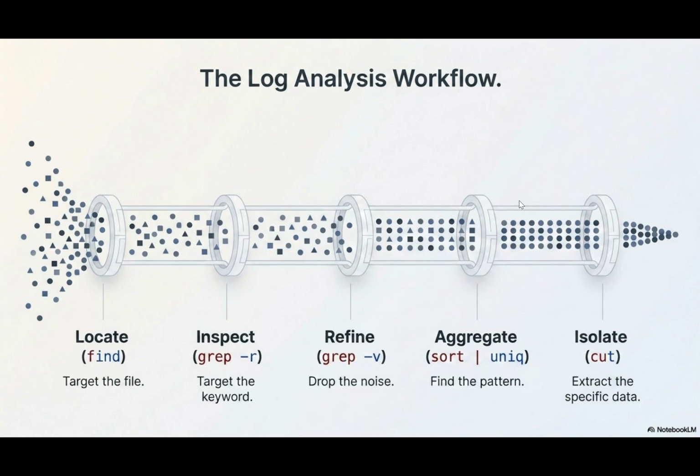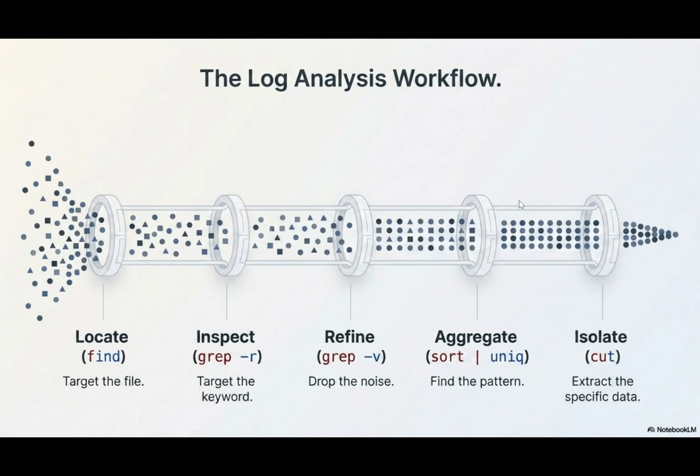Just look at this. These are some important commands that you can use in your daily life. The first one is the locate purpose, for which the find command is used. This one will target the file, and with that, if you use grep -r, then it will target the keyword.